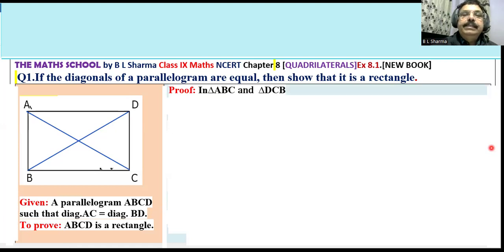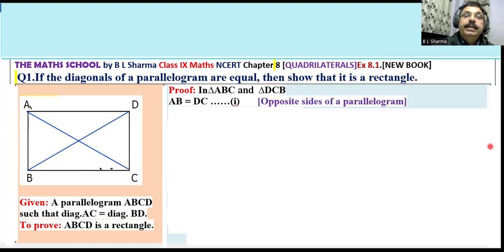in triangle ABC and DCB, this triangle is ABC and the other triangle is DCB. See, in these two triangles, AB is equal to DC because the opposite sides of a parallelogram are equal. That is the reason.